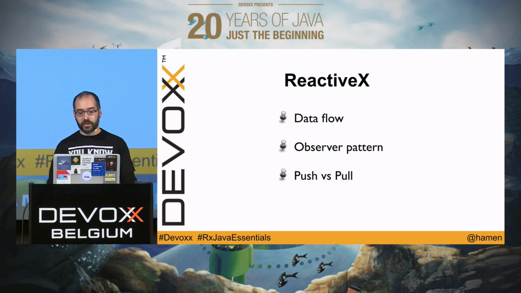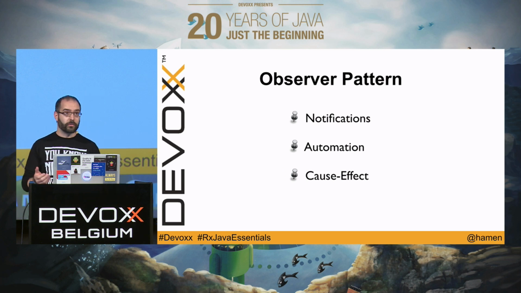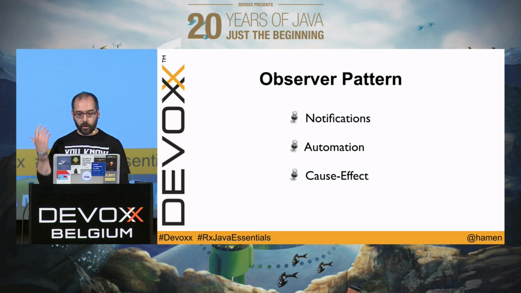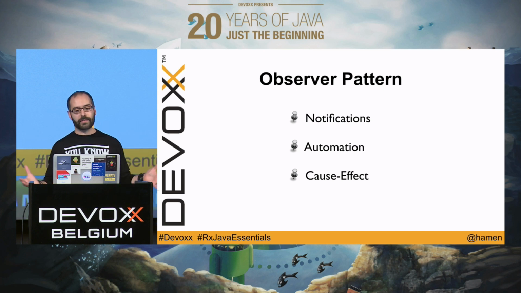It's based on the observer pattern, the one from the Gang of Four. It's an old thing, but we never used it because it's kind of tricky in Java, and now we have it everywhere. Our life is based on the observer pattern, because we expect things that work in a specific way.